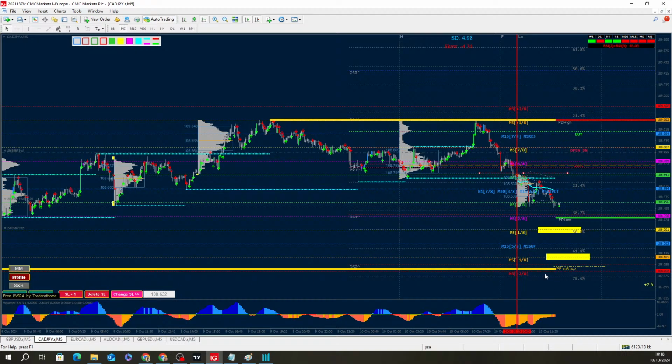Support and resistance. This is matching closely with the 4 hours support, this yellow line. Okay, you can see we have a 4 hours lower resistance. This is technically a momentum low here.